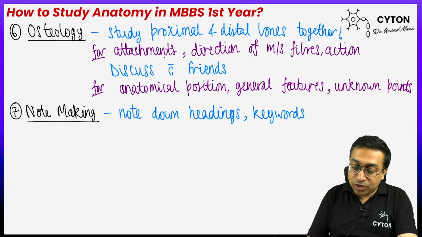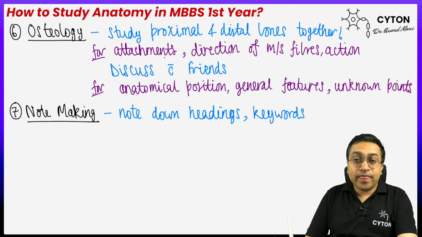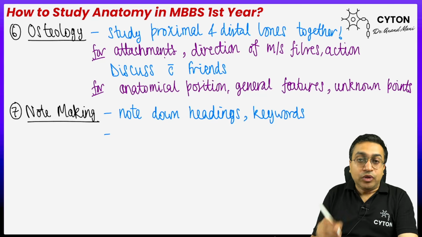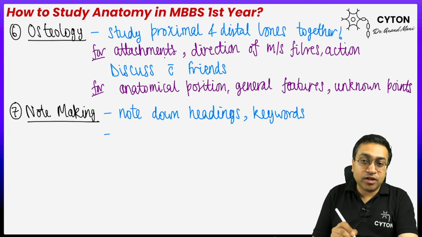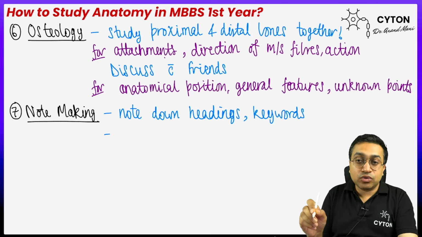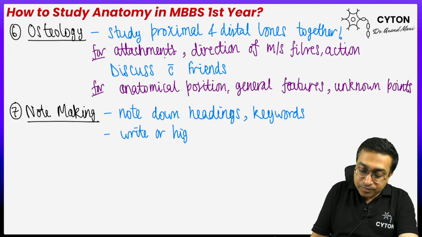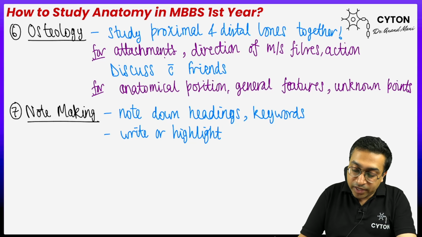So note down the keywords and headings, and then afterwards, in the evening, spend 15 to 20 minutes writing those headings or keywords, or highlighting them in the main textbook. If it is not given, then write, otherwise highlight.